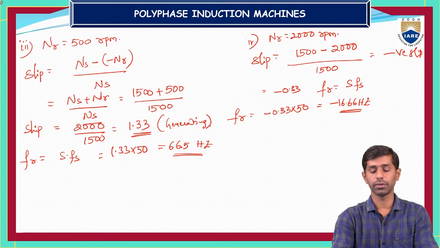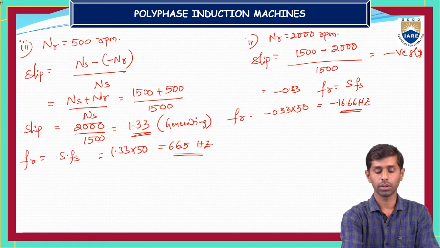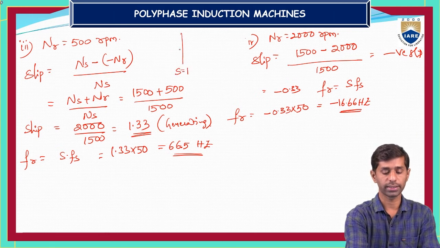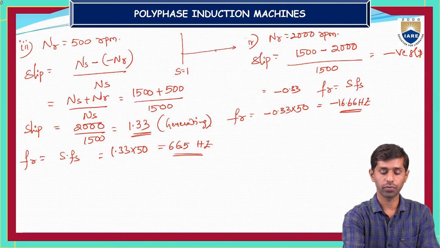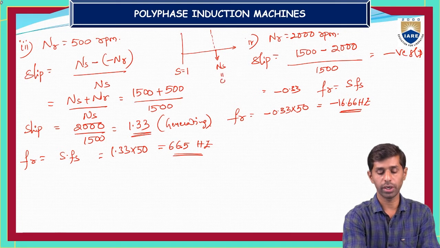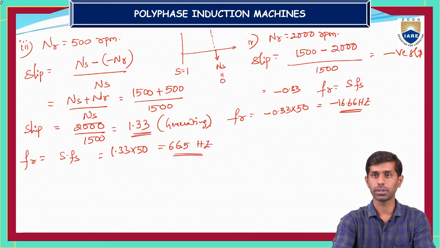So in this discussion, we have slip equal to 1 at starting. When speed increases to 1500, which is Ns, slip is in between 0 and 1. When the rotor speed reaches the synchronous speed, slip becomes 0.